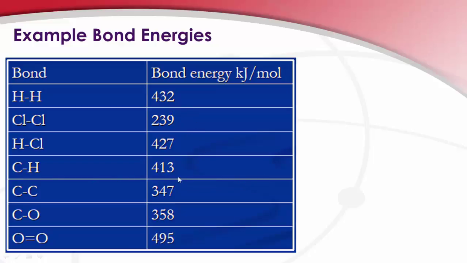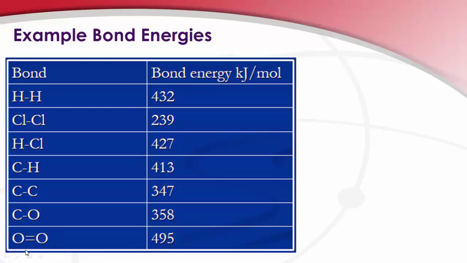Remember, both of those are sigma bonds, and the electronegativities of carbon versus hydrogen are similar. So no great shock that they have similar bond energies. Carbon-carbon is slightly different at 347. Carbon-oxygen, 358. So these single bonds all have a fairly consistent energy with them.